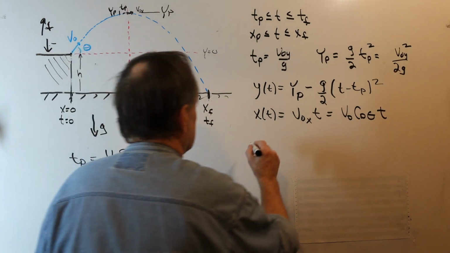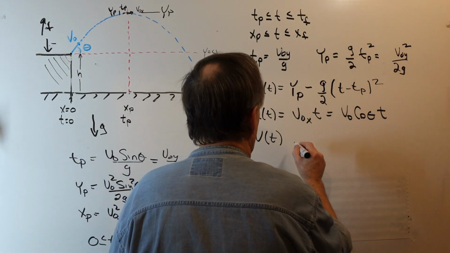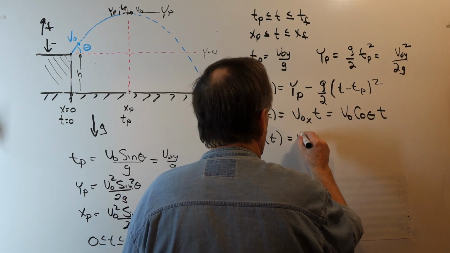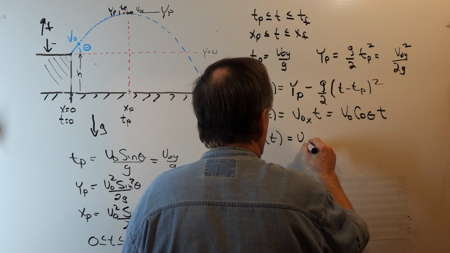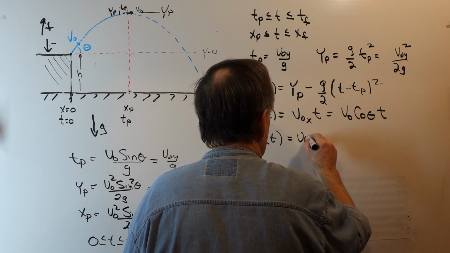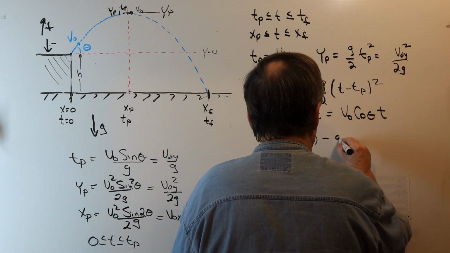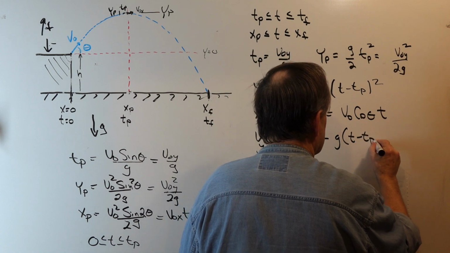Now the velocity in the y direction will be the initial velocity, v at time peak, minus the acceleration times time.